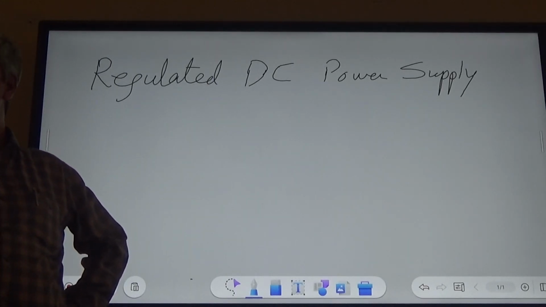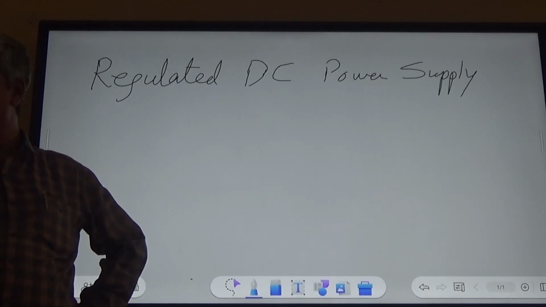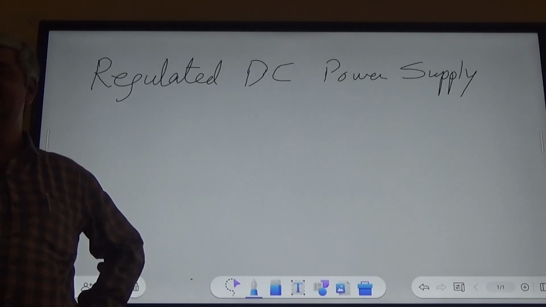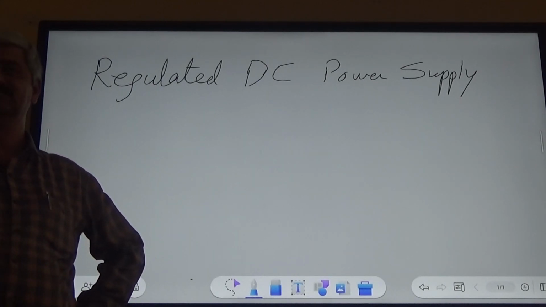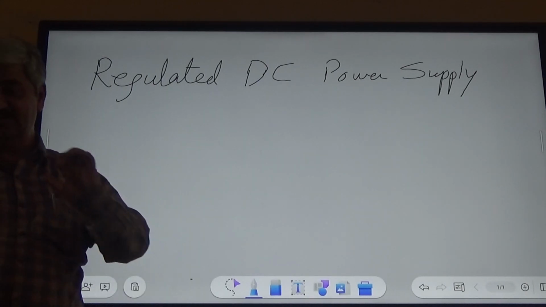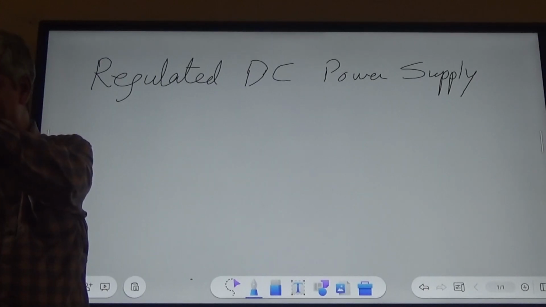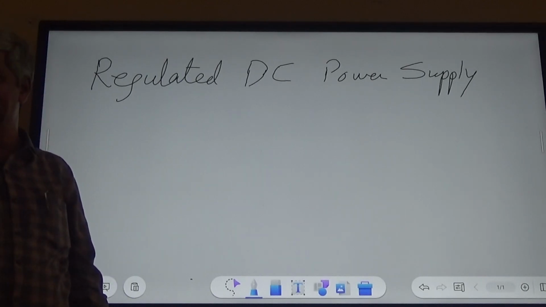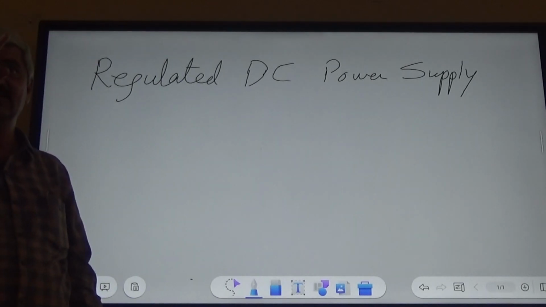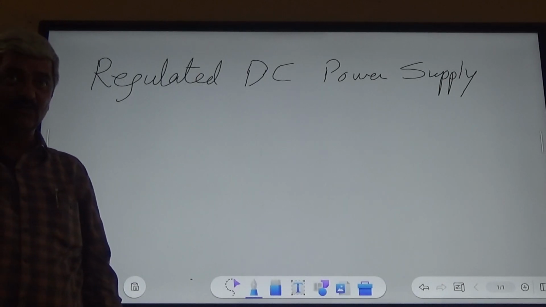Nobody. 12? No. Not that small, that is button-like cells. Conventional cell, small, AA cell or AAA.